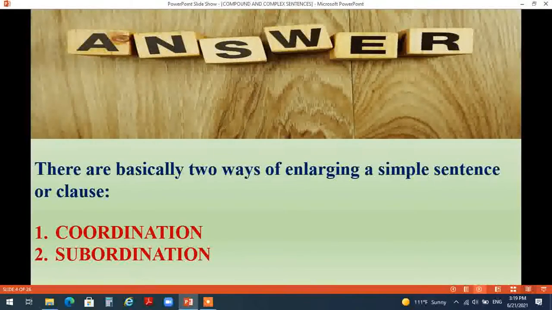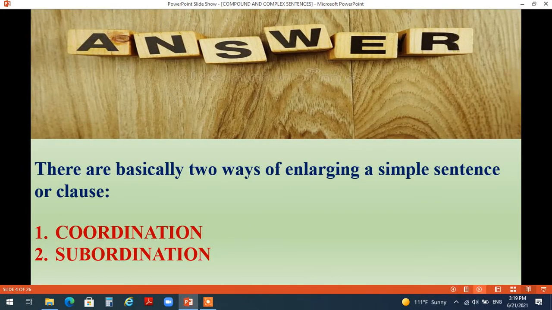In fact, the answer to this question is that there are basically two ways of enlarging a simple sentence or a clause. ثمة وسيلتان ممكن من خلالها أن نكون جملة مركبة أو جملة معقدة، أي أن نجعل الجملة البسيطة أو العبارة الفعلية أكثر تعقيدا بعض الشيء باللجوء إلى وسيلتين أساسيتين.